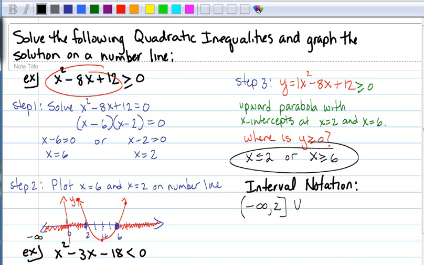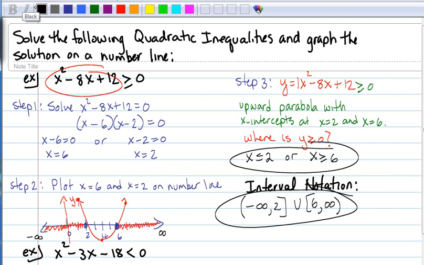And then we skip, and we start again at 6, and you go out to a very large number, to infinity. Again, the 6 is included, so it's a bracket, and the infinity is not included, so it's a parentheses. So if they ask for the answer, by the way, this is called set notation, the first one. The interval notation is the second one.